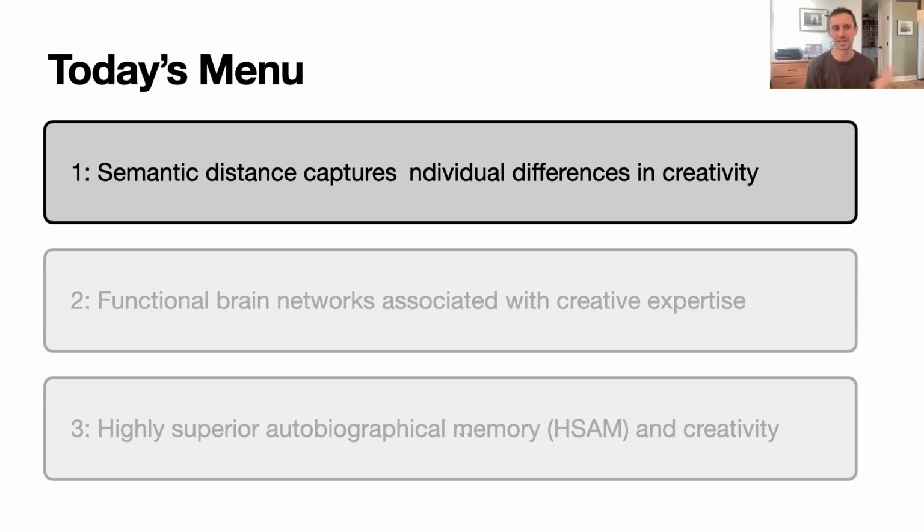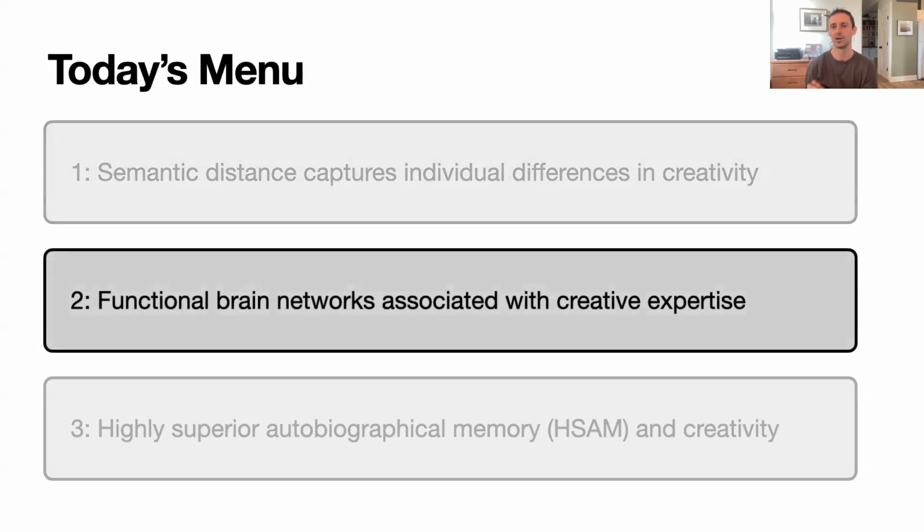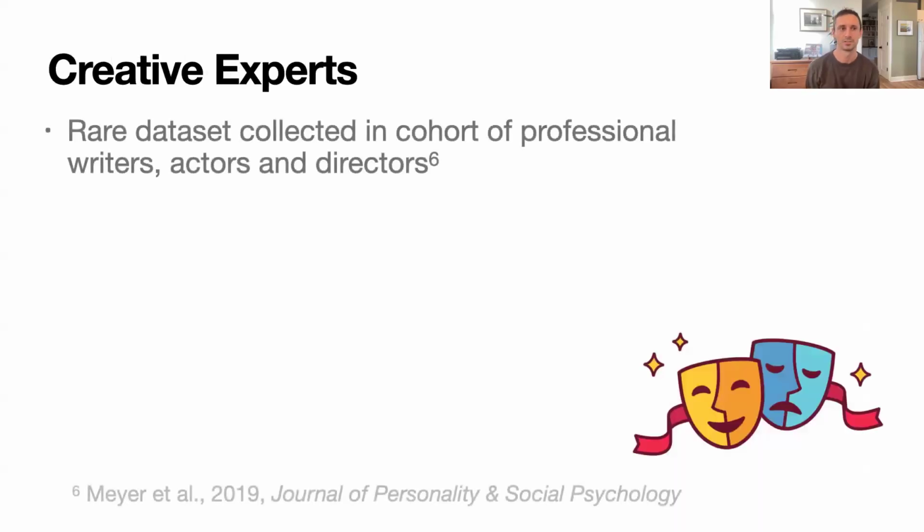And then we extended that work in study 2, looking at a cohort of creative experts. We had a really great opportunity to collaborate with Megan Meyer and some colleagues at Dartmouth. They did a huge amount of work to find this rare cohort of creative professionals that consisted of writers, actors, and directors.